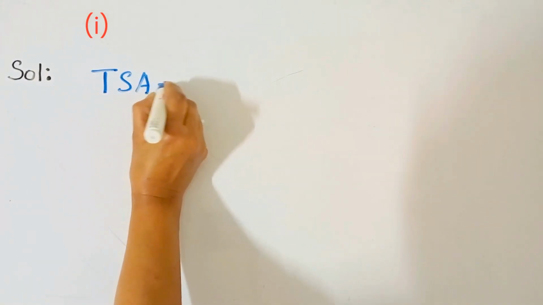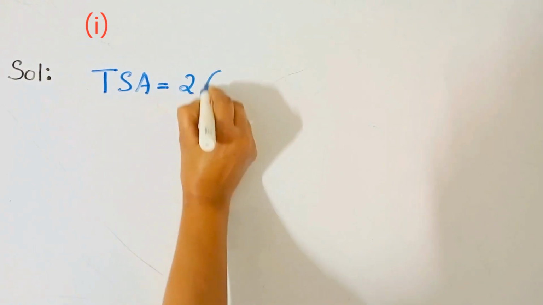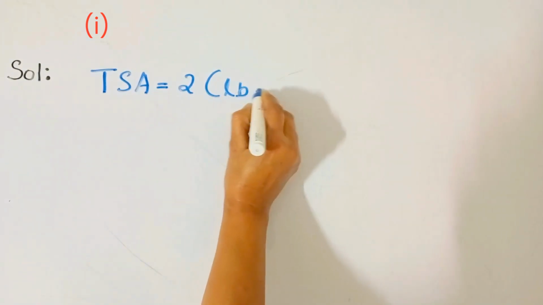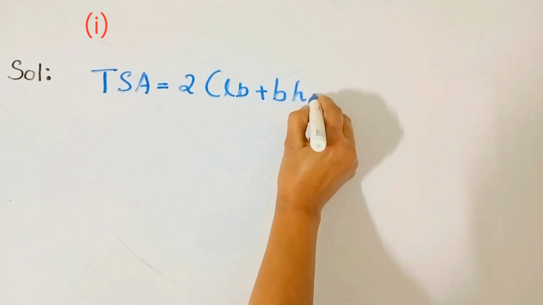To find the total surface area of a cuboid, we use the formula 2(LB + BH + HL).